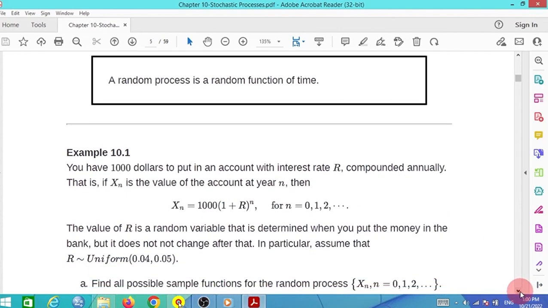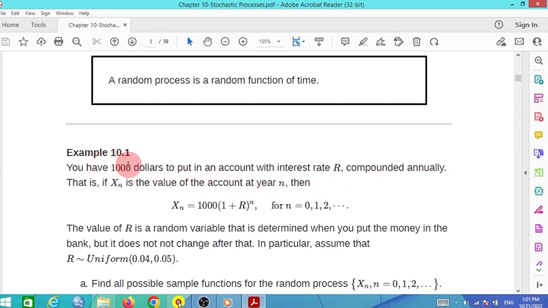Let's see this example, Example 10.1. We have $1,000 to put in an account with interest rate R. Your capital is given to the bank and increases with this rate, computed annually.